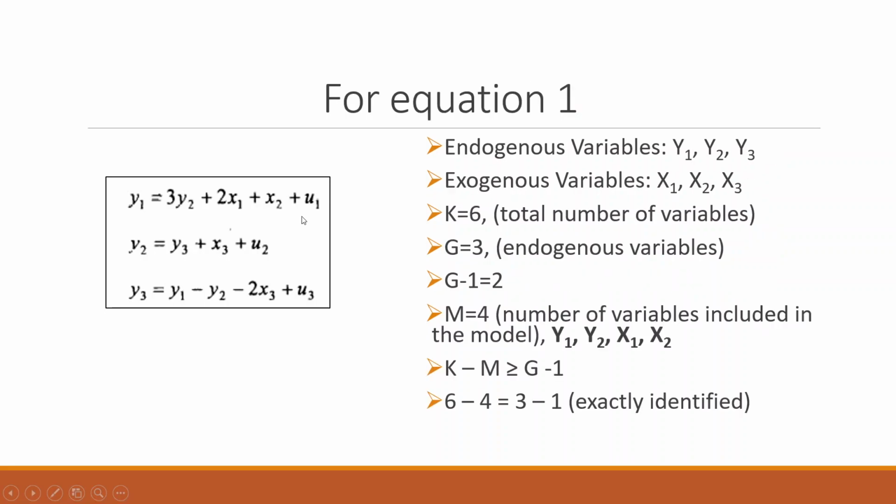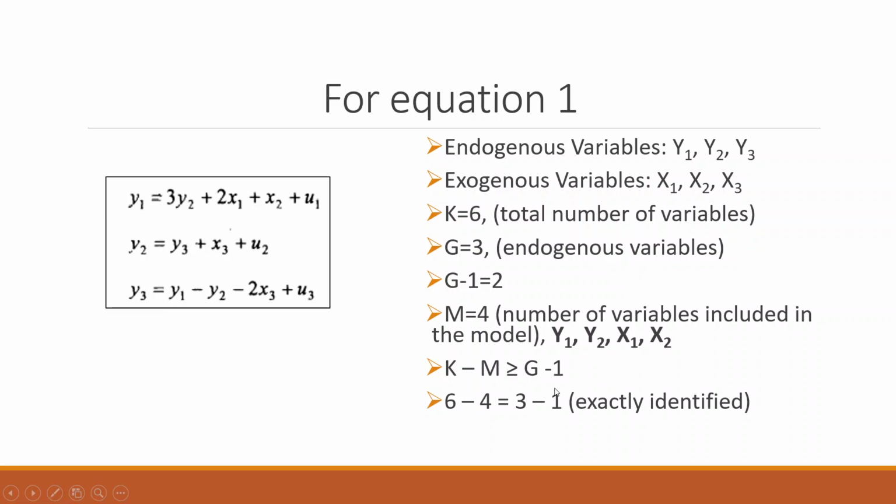Now let us talk about the first case. y1 equals 3y2 plus 2x1 plus x2 plus mu1. All these things are repeated till here. What is specific in the case of equation 1 is that we will have to count how many variables are included here. 1, 2, 3, 4: y1, y2, x1, x2.